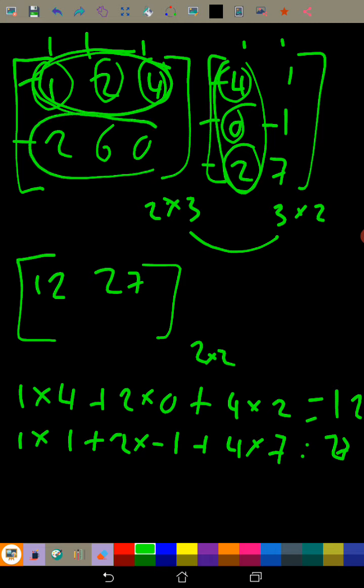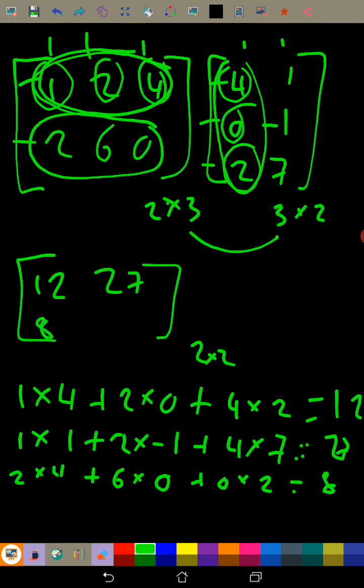Let's take this one. 2 times 4 plus 6 times 0 plus 0 times 2 is equal to 8 plus 0 plus 0, 8.